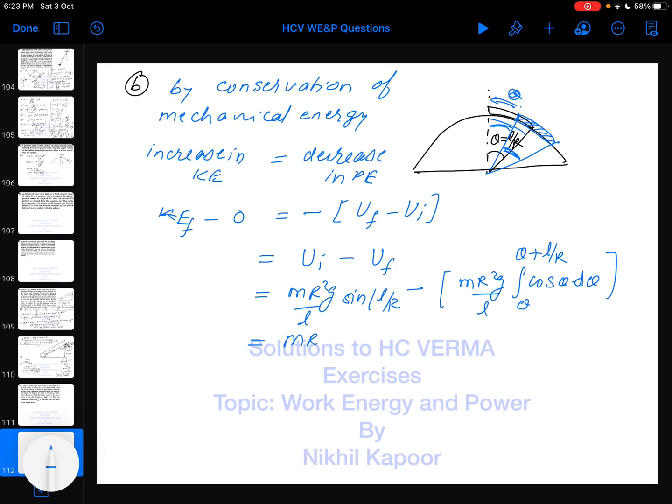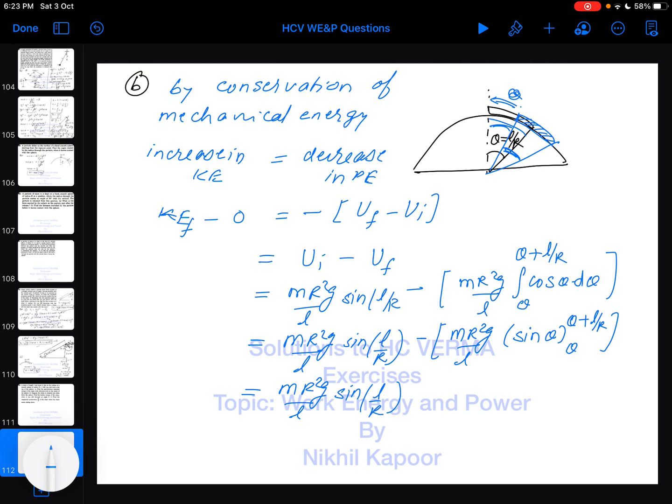So therefore it would be equal to mr square g by L sine L by R minus mr square g by L. Integration of cos theta would be sine theta, and if I substitute upper limit and lower limit in the next step, I get mr square g by L sine L by R minus mr square g by L, in bracket, upper limit sine theta plus L by R minus sine theta, where theta is the angle through which the chain is being turned.